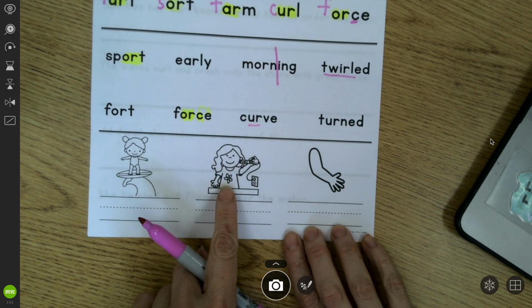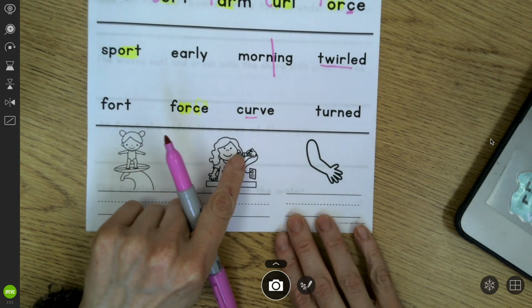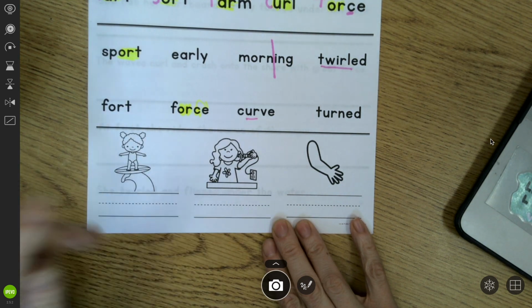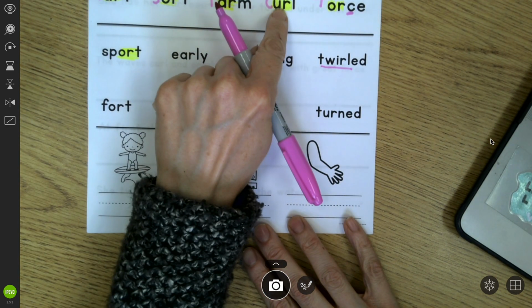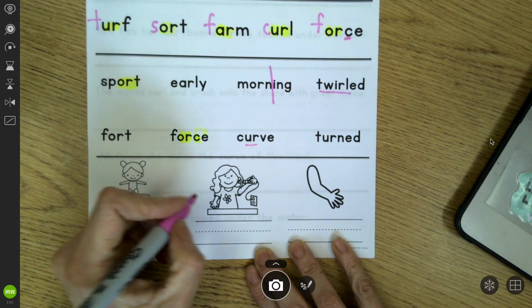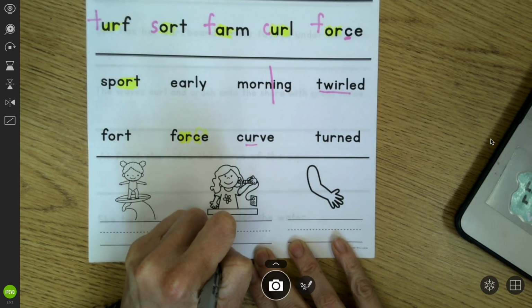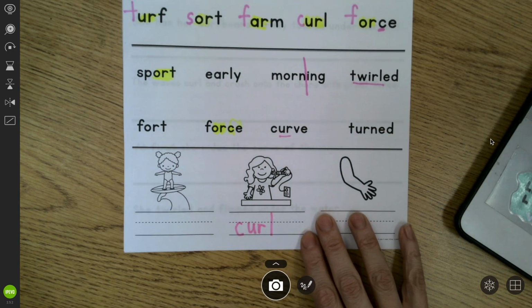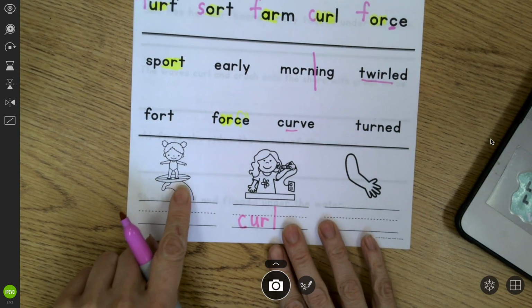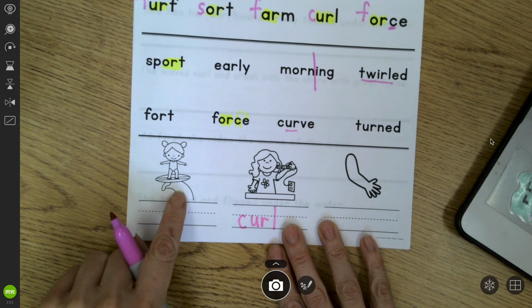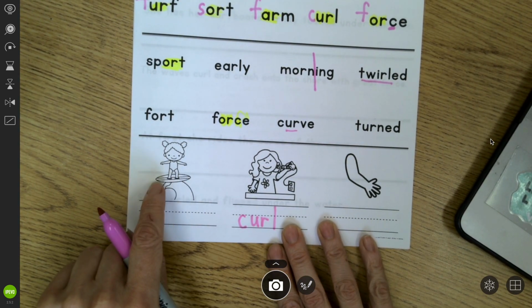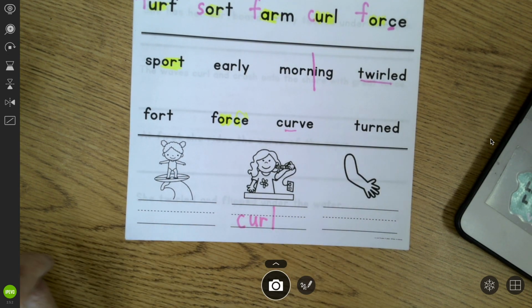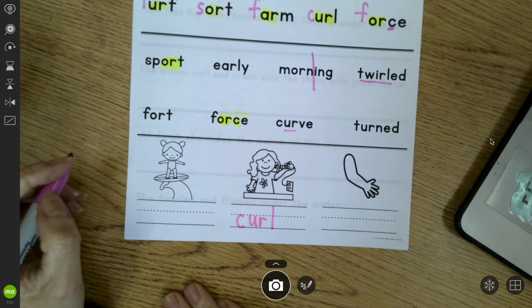Oh, and look, here's Vanessa. What is she doing? I think that's gonna say curl. Looks like she's curling her hair. We already wrote that out here. Curl. This little girl is surfing, so let's just write surf. Or we could write, no, let's write surfer. Yeah.